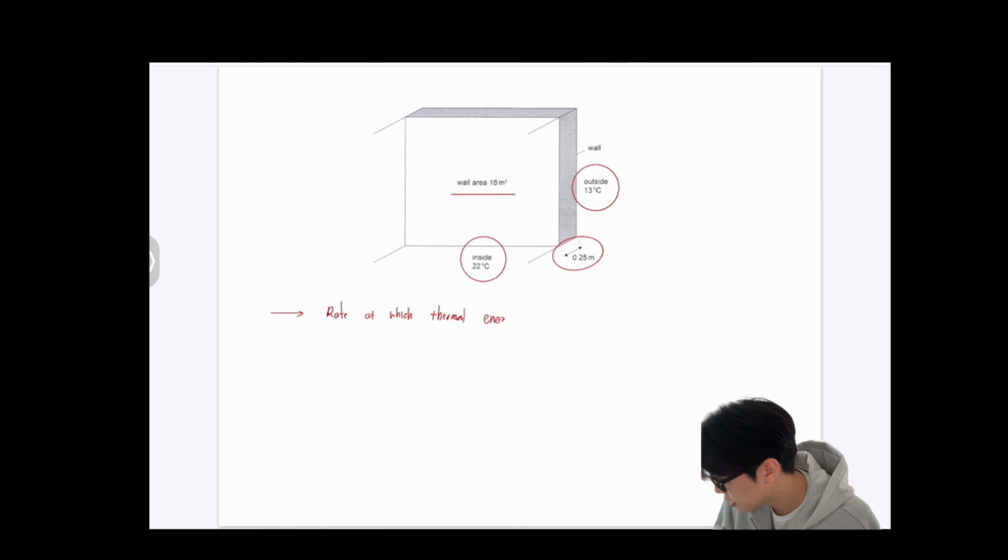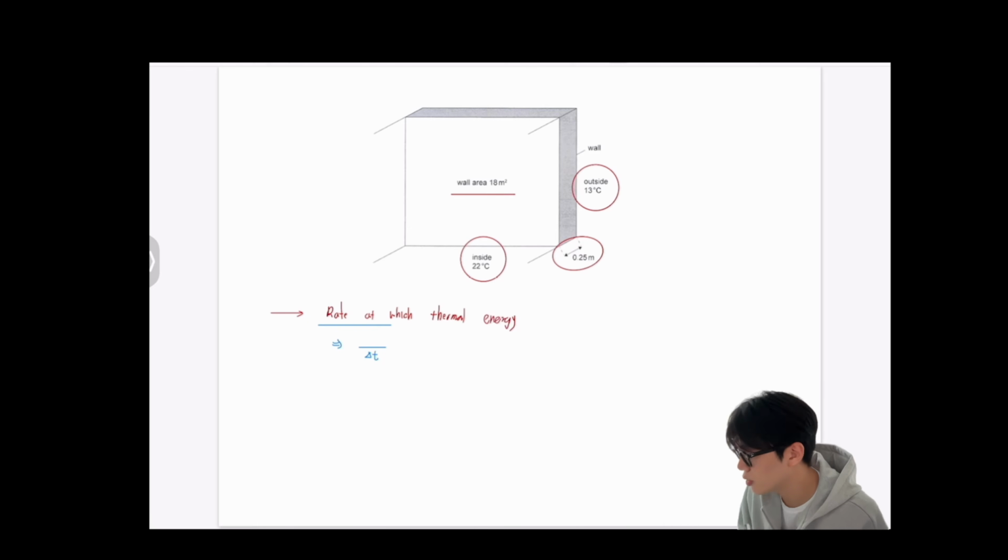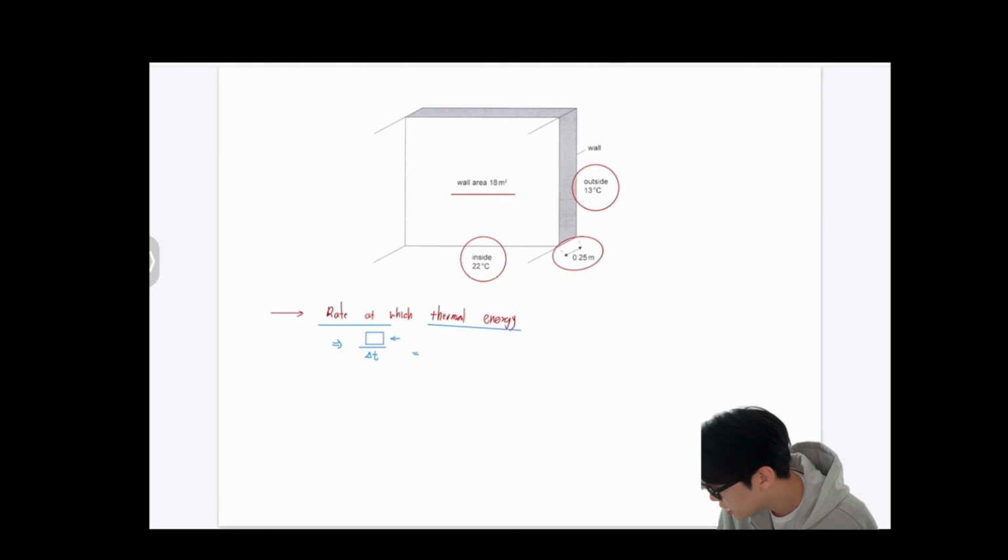Every time you see the rate at which, or the rate of something, you have to think about something divided by delta t. In this case, the thermal energy, so this has to be Q over delta t.